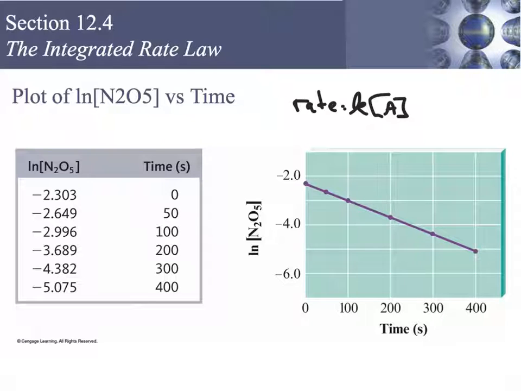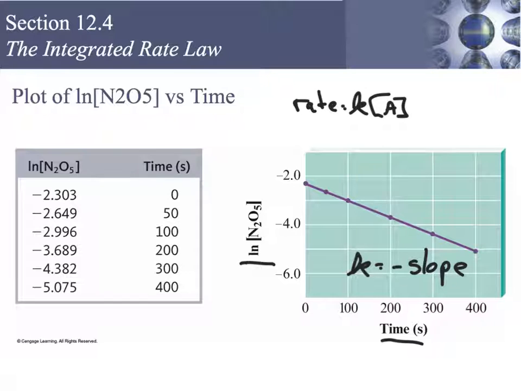So what that means is that if we plot the natural log of the concentration versus time, we get a straight line, and k equals minus the slope of this line. If you look back at the equation that we had a moment ago, you'll see that this is the case.